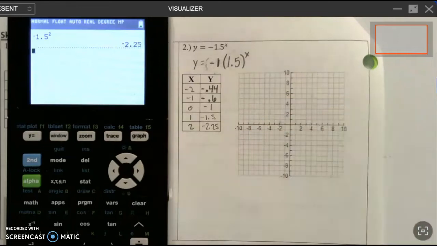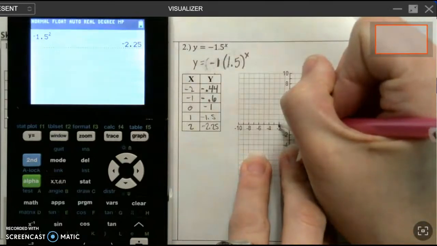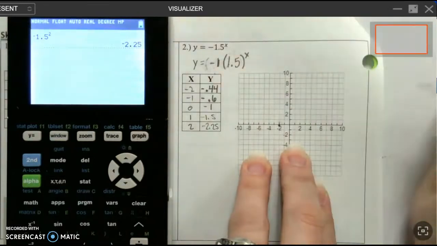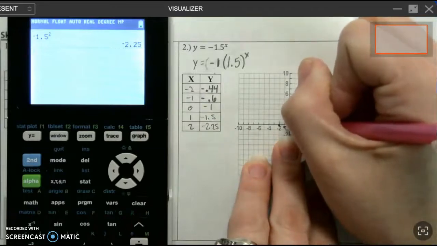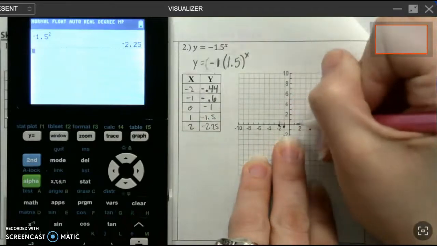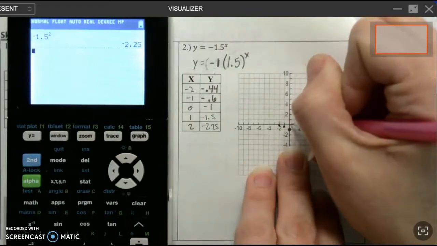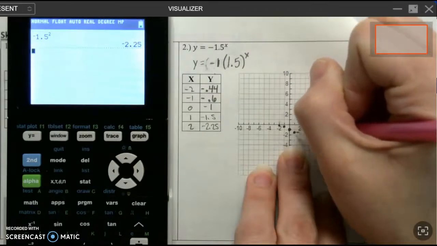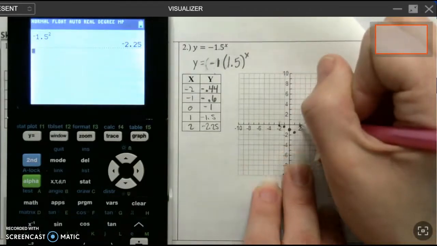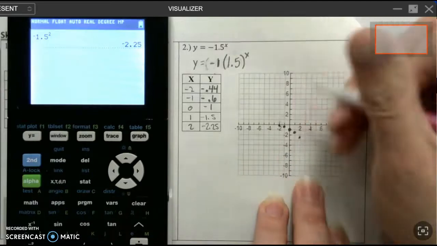All right, now we're ready to graph this. Negative 2.4. Put that really close to the axis here. Negative 1, go about halfway. 0, negative 1. Positive 1, negative 1.5. 2, negative 2.25.